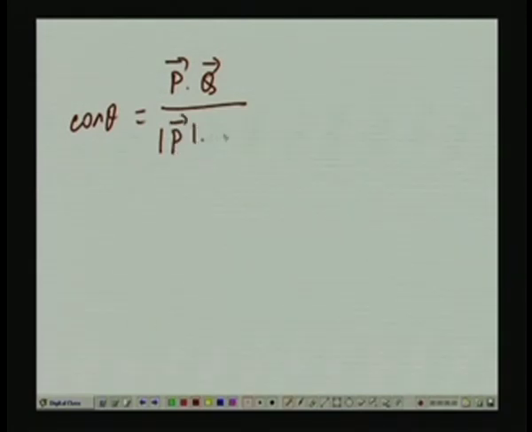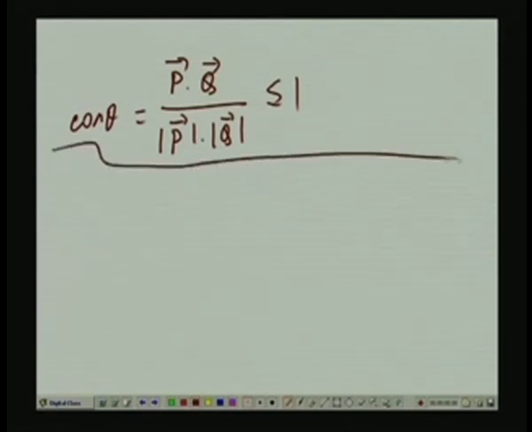Now, you have seen one thing previously, that we can write cos theta in the 3-dimensional world as the inner product divided by the product of lengths, and this is always less than or equal to 1.